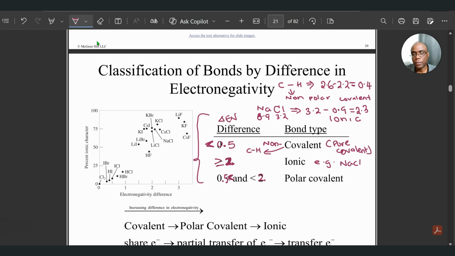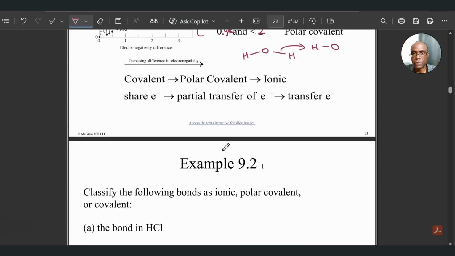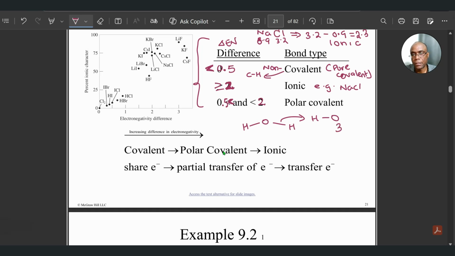And now let's look at polar covalent. Let's assume you have water. Look at this bond, hydrogen and oxygen. Go to the Pauling scale table. It says 3.4. You don't need to memorize these numbers; I said you have to print this table. So oxygen is 3.4, hydrogen is 2.2. I subtract the smaller number from the bigger number: 3.4 minus 2.2, the answer is 1.2. 1.2 lies between the 0.5 we corrected here and 2.